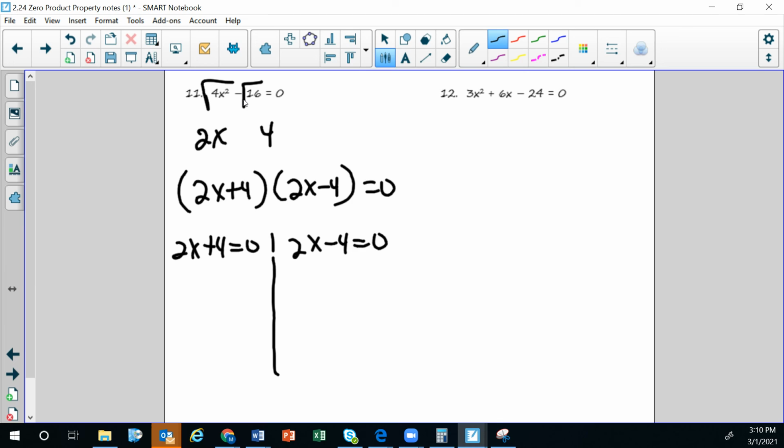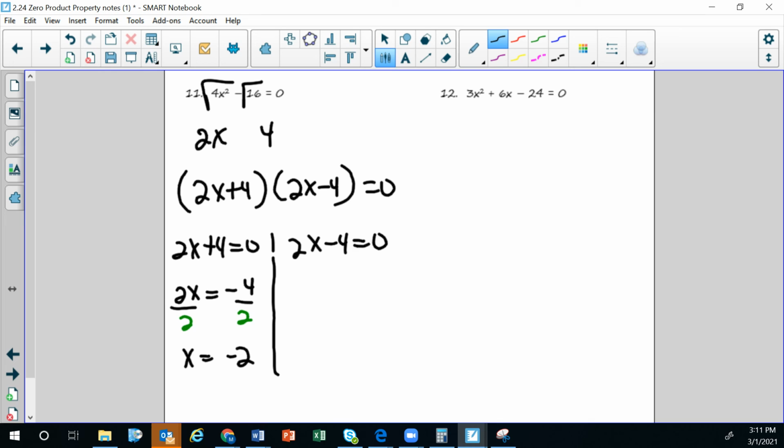And so that's going to give me 2x is equal to negative 4. Now I'm going to divide both sides by 2, and that's going to give me x is equal to negative 2 on the left side.